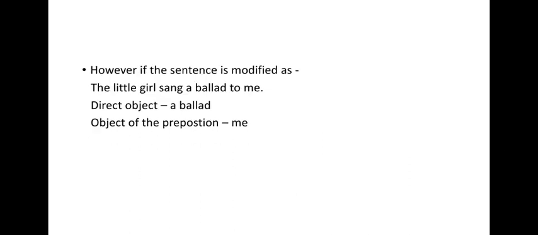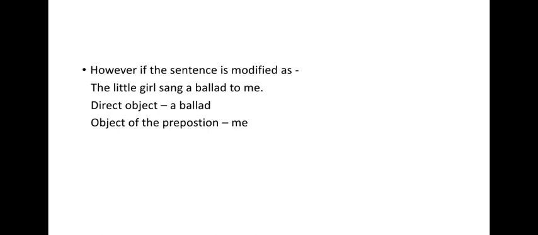However, if the sentence is modified as the little girl sang a ballad to me. Now here, in this example, we have a direct object. What did the little girl sing?